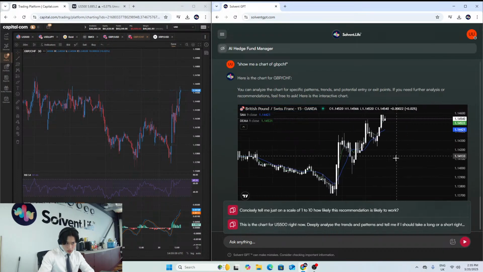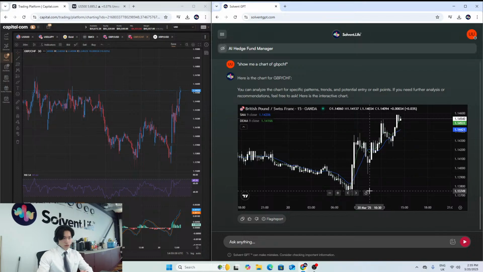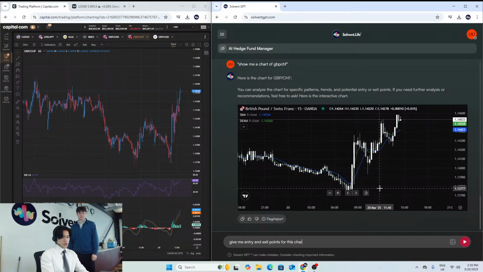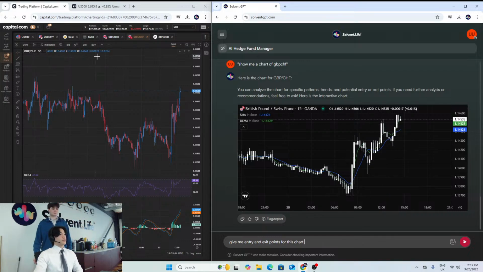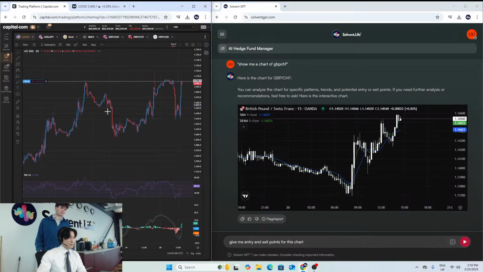Okay, give me entry and exit points for this chart. So we just placed a trade for the US 500, leveraged like half the account.